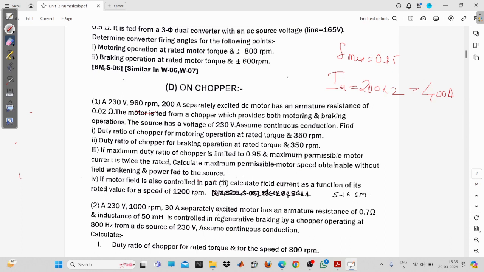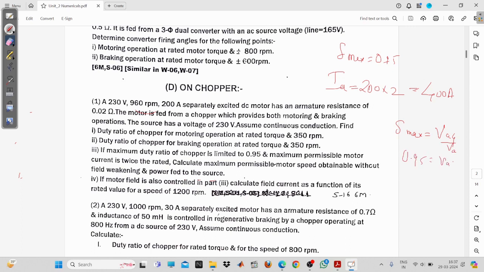Now calculate the maximum permissible motor speed obtainable without field weakening and the power fed to the source. Delta is given to you, and you have to calculate the speed. So delta max will be equal to VA4 upon VA, and delta max is 0.95.